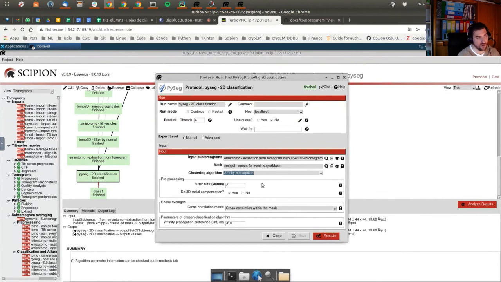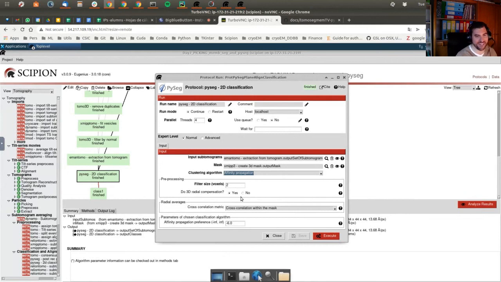Here we have to set the pointer to the extracted subtomograms. And again, we have a problem here. We need a mask to indicate a region of interest in which the rotational average will be carried out.